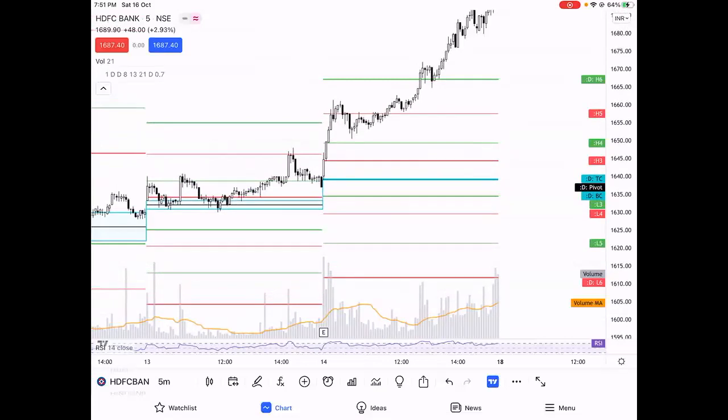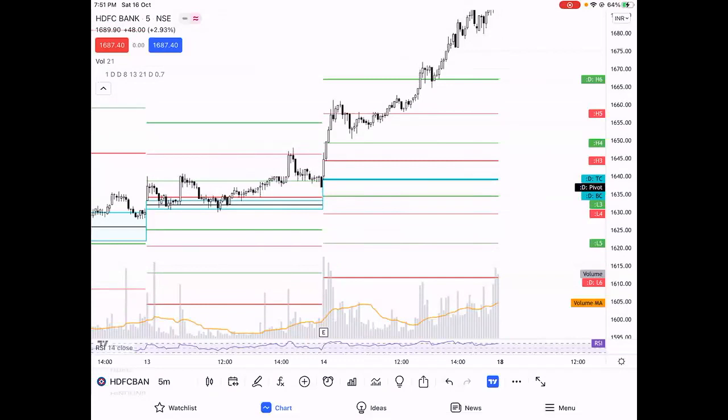So generally, what are Camarilla points? These are nothing but a set of pivot levels which are created using a particular set of formulas, right? We are not going into the formulas right now. You can find the entire formulation, the entire labeling of how it is done and why it is done, in the book named Secrets of Pivot Boss.